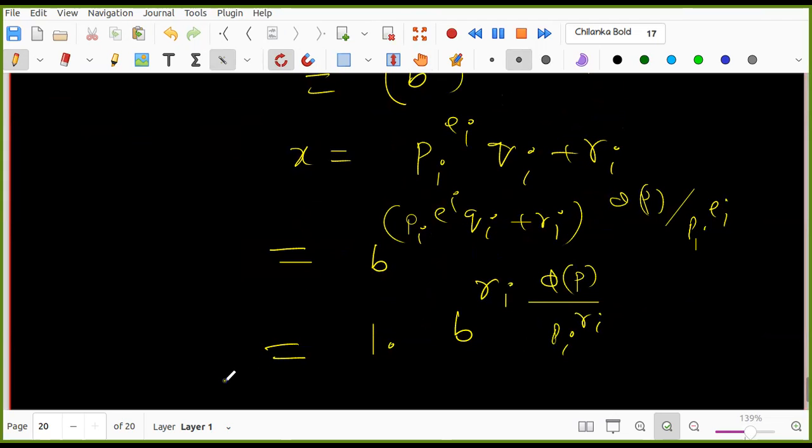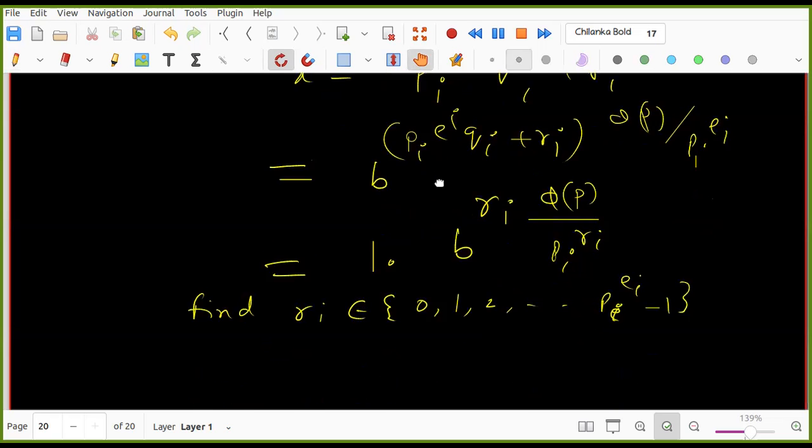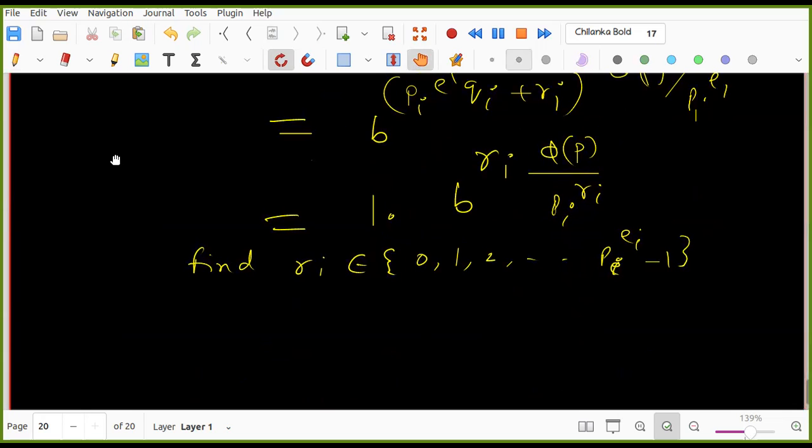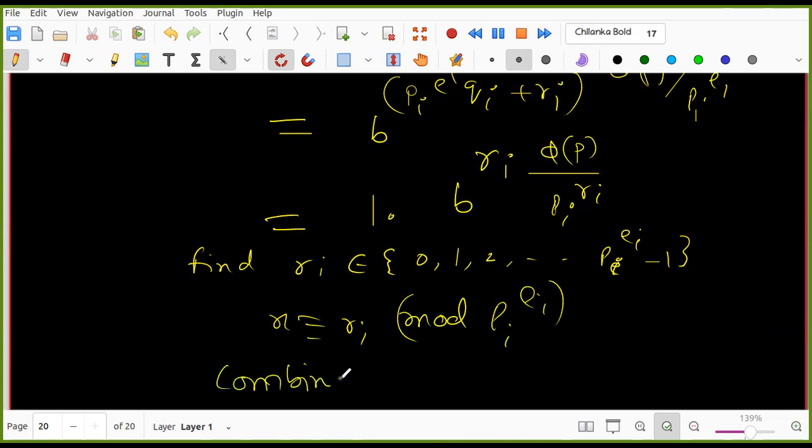So now just find ri in 0, 1, 2 up to pi power ei minus 1, that is, X is congruent to ri mod pi power ei. Combine these by CRT.